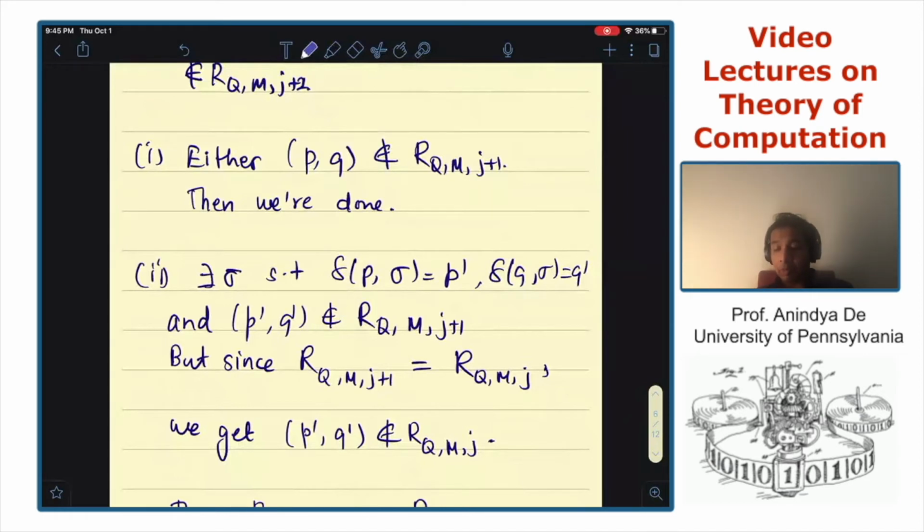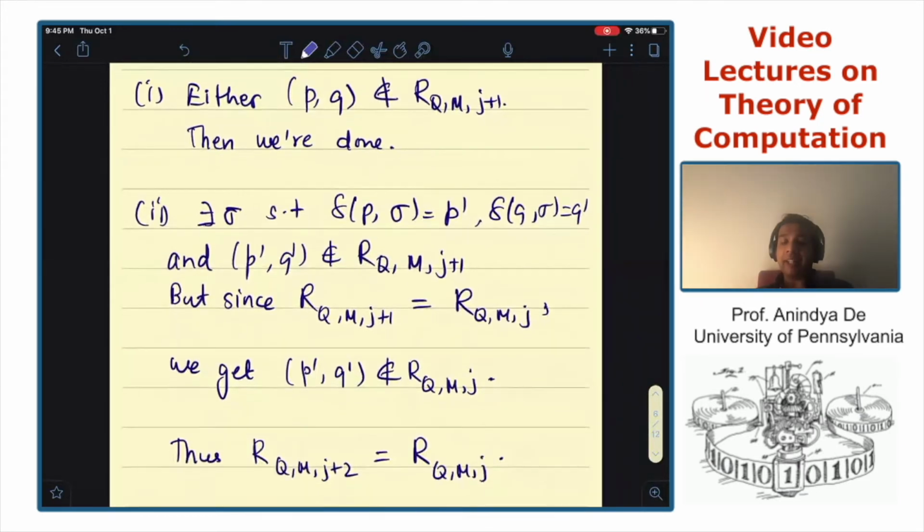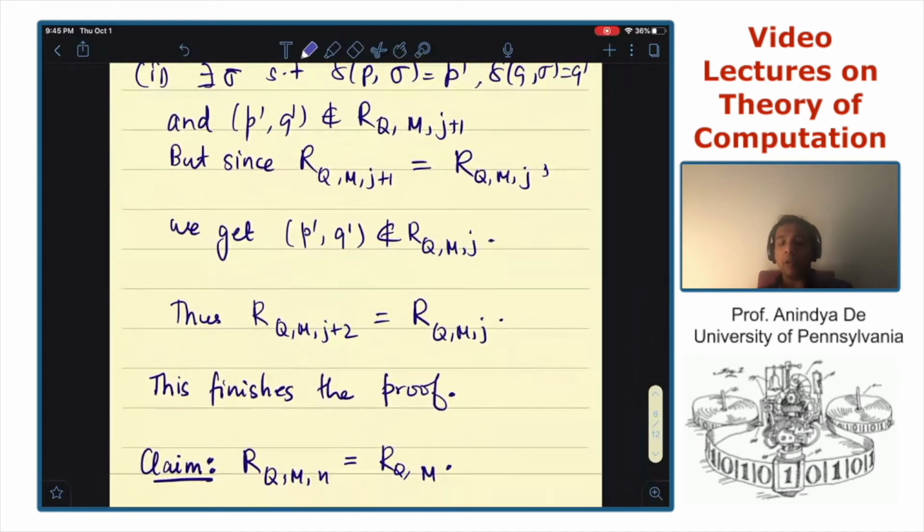Since P prime, Q prime is not in R_{Q,M,j}, it would also mean that P, Q is not in R_{Q,M,j+1}. Okay, so that would imply that again P and Q have the same status with respect to equivalence classes in R_{Q,M,j+2} versus R_{Q,M,j+1}. Thus we get that R_{Q,M,j+2} equals R_{Q,M,j+1} equals R_{Q,M,j}, thus finishing the proof.